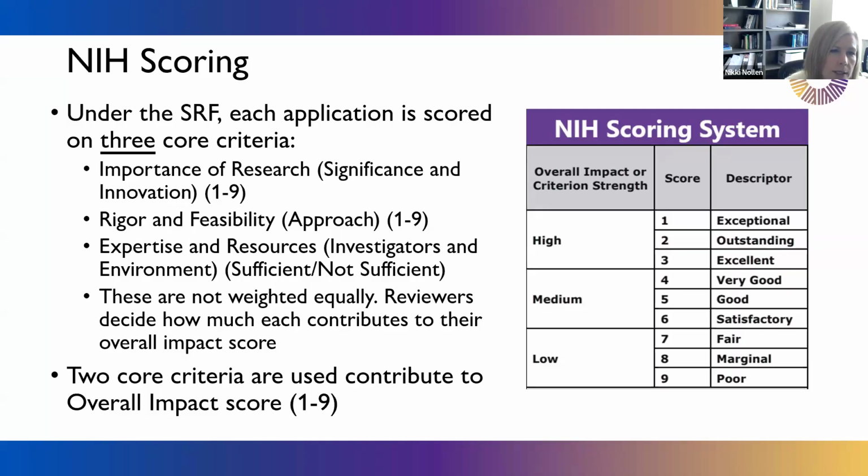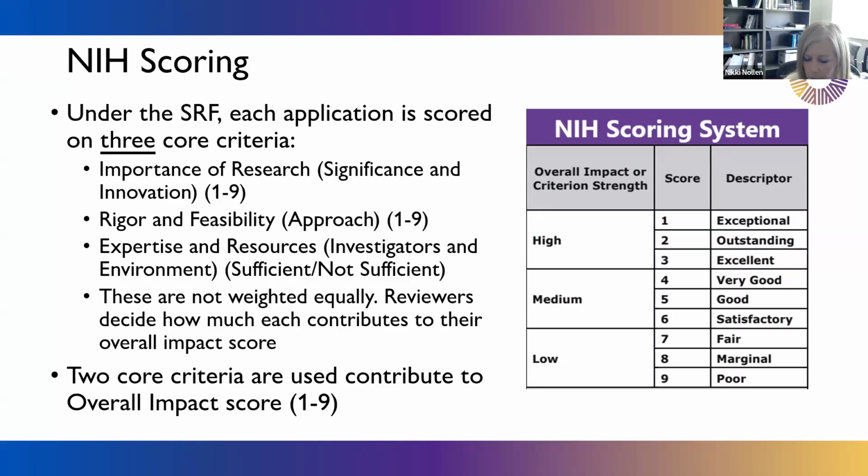Again, everything is scored 1 to 9, with 1 being exceptional, 9 being poor. The second core criterion is rigor and feasibility. That is the approach. And, I'm sorry, there's a typo here. They're actually scored on 2 core criteria, because expertise and resources, which is a combination of investigators and environment, is not a scored criterion at this point.